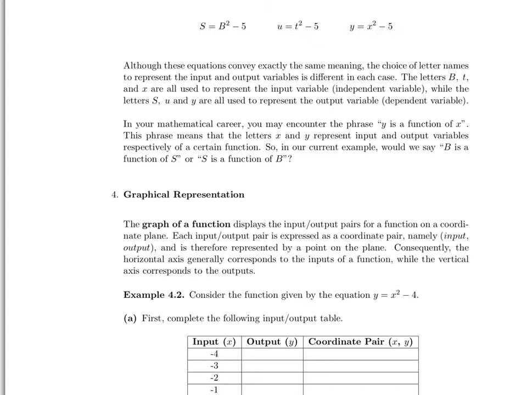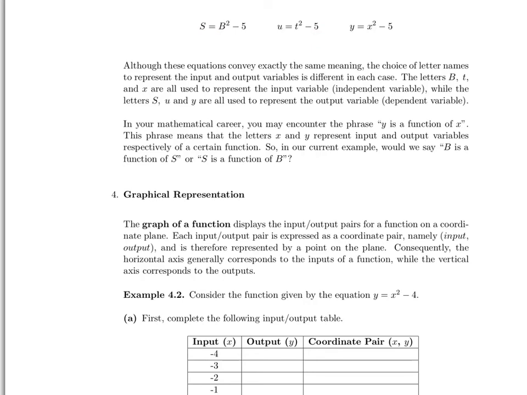Let's compare them. In this case, we're saying a letter b is squared, we're subtracting 5, and the result is the variable s. Since we're squaring b and subtracting 5 from the result, b is playing the role of the input. The answer, our output, is represented by s. So b is the input variable, s is the output variable, or b is the independent variable and s is the dependent variable.